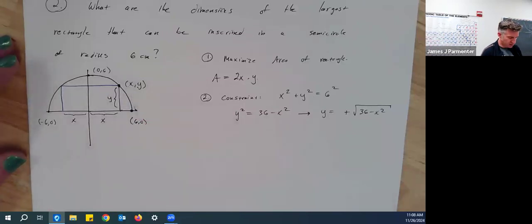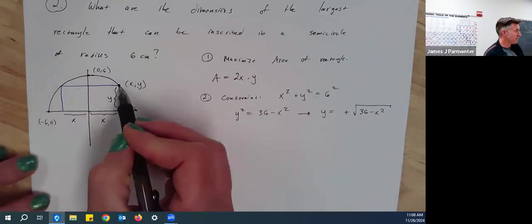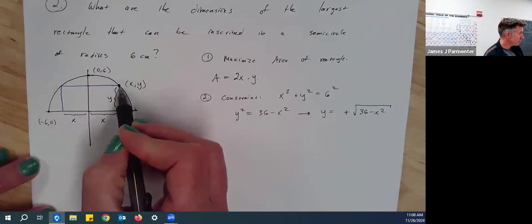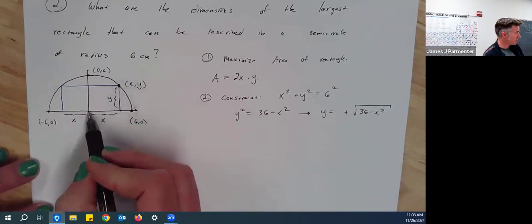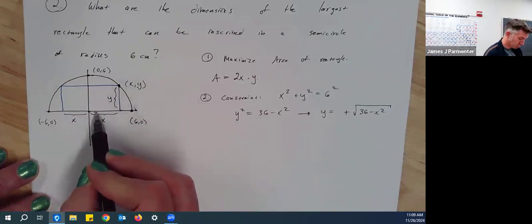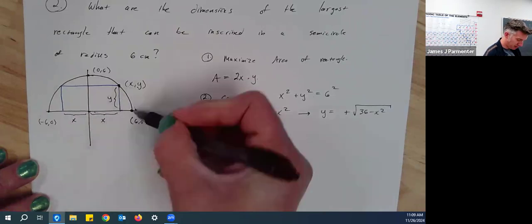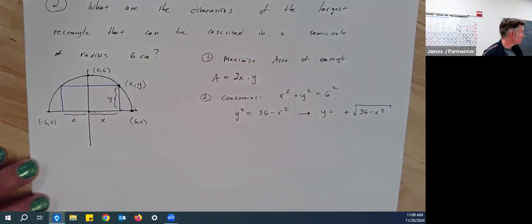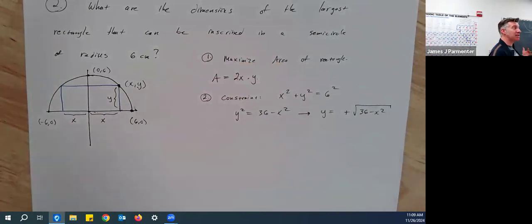I should also mention the domain stuff here because we're going to talk about it in a minute anyway. This point has to be in the first quadrant, so my x value is bigger than or equal to 0. And what's the biggest my x value could be? Looks like it can't be any bigger than 6, right? If I have to be inside the semicircle of radius 6, I'm limited as to how far to the right I can move.